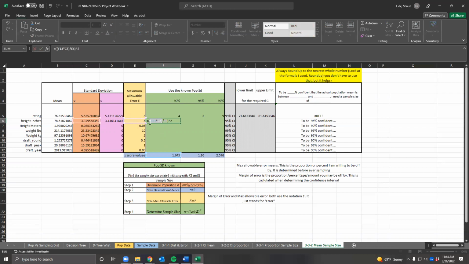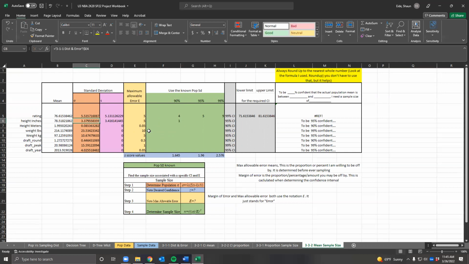That makes sense-ish. The funny thing is, I messed this one up, but it is what it is. I said that I can have a maximum allowable error of 5, while my standard deviation is 3. Because my maximum allowable error is larger than my standard deviation, it calculates out to needing a sample size of 1.